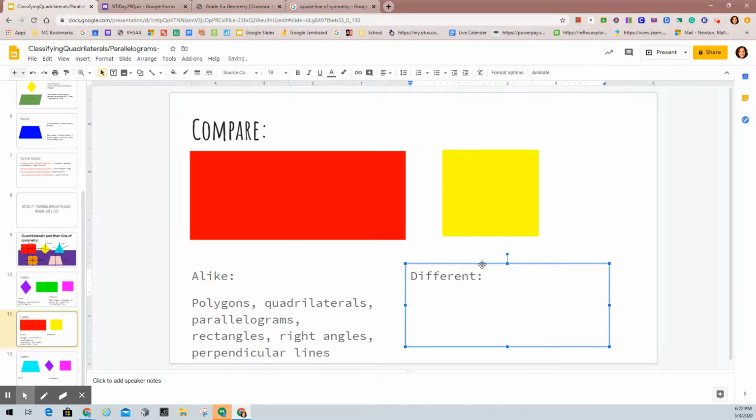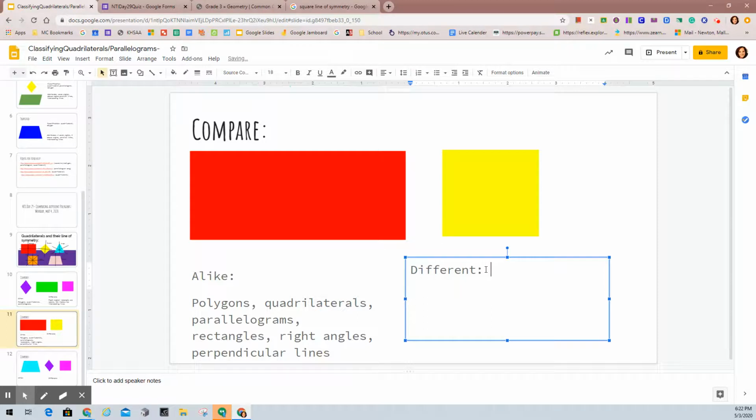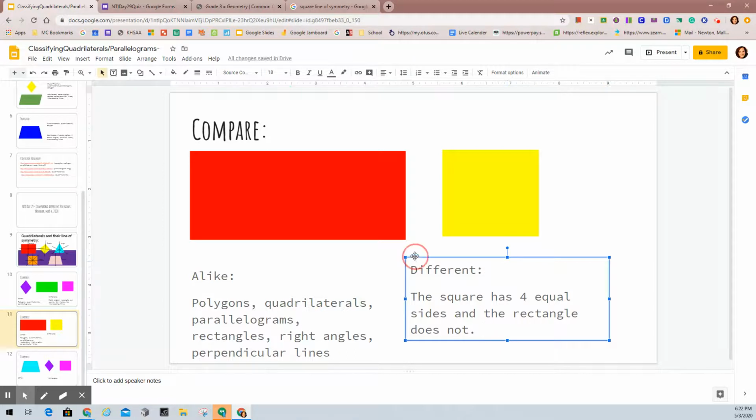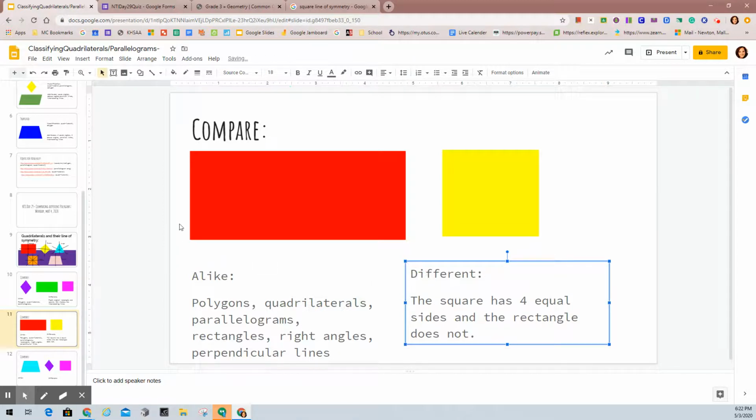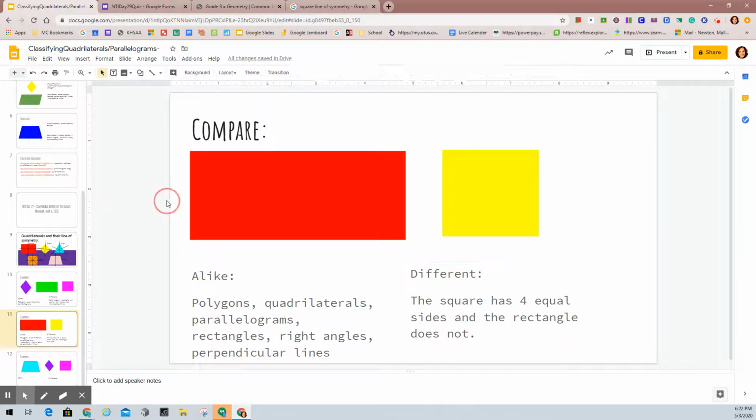How are they different? Well, the square has 4 equal sides, and the rectangle does not. That would really be the only way that they're different, because they're technically both rectangles and the same shape. It's just that the square has 4 equal sides.